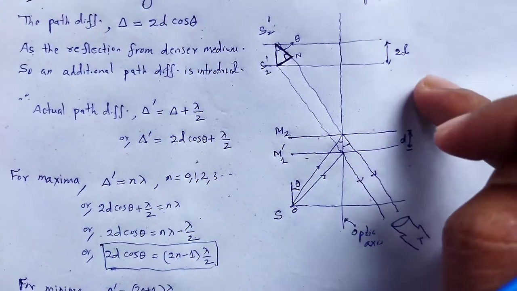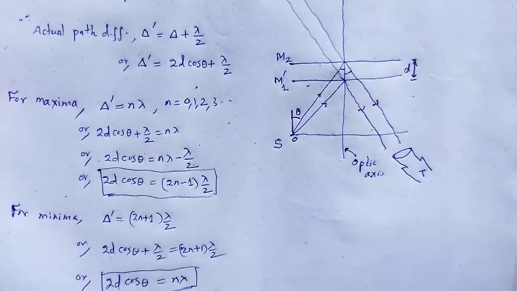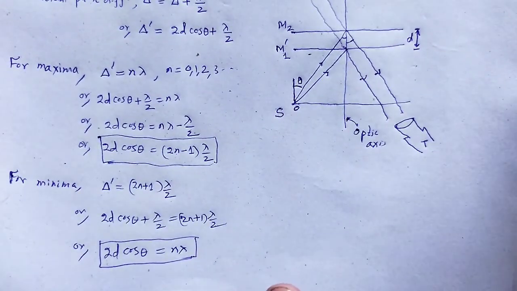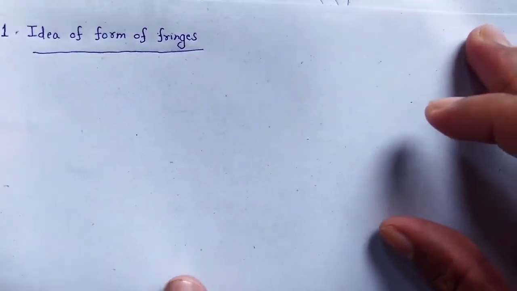So, according to the concept of thin film, the interference pattern is observed. So, what are the shapes of these interference patterns? Come to the idea of form of fringes. What type of fringes do we obtain here?